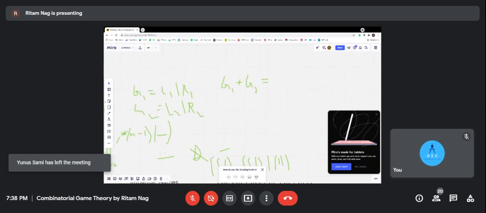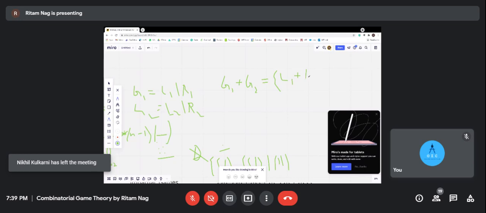I mean, won't it just be any element of L1 plus G2, and that's a set, and then you have the set of games, and so on.